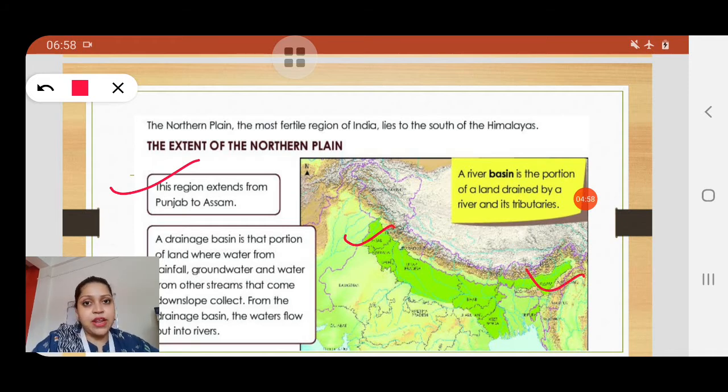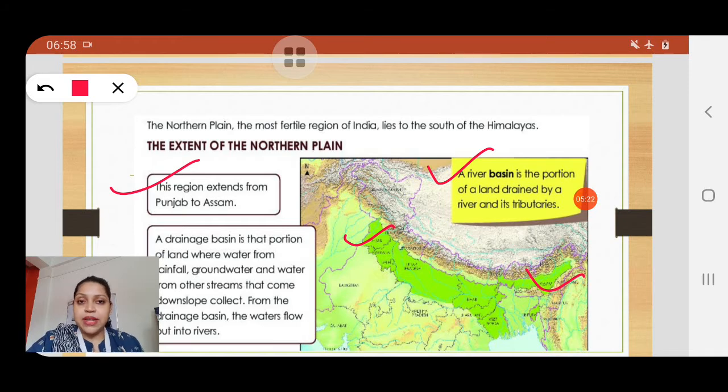Here are two very important concepts. The first is a river basin. What is a river basin? A river basin is the portion of land drained by a river and its tributaries. Water comes there, it gets collected, and from there the water goes to the river and its tributaries.